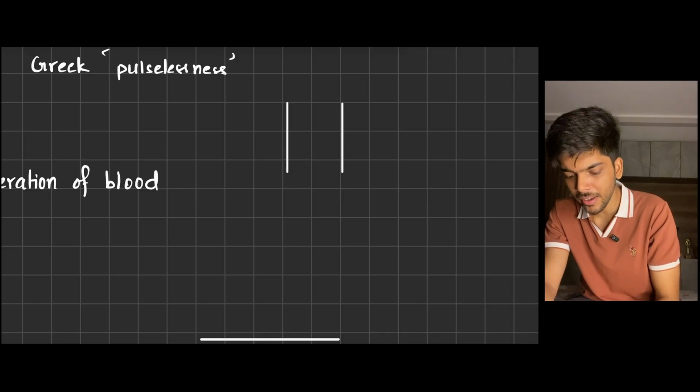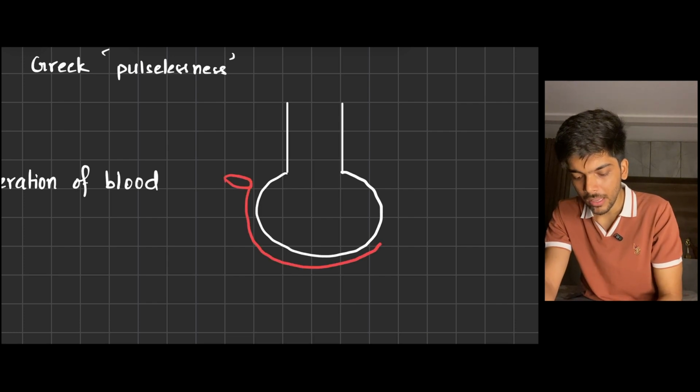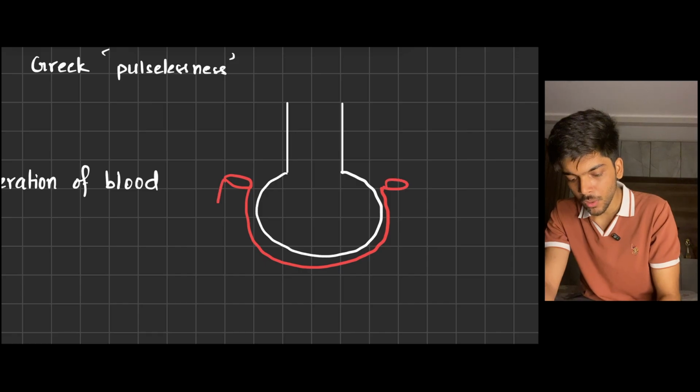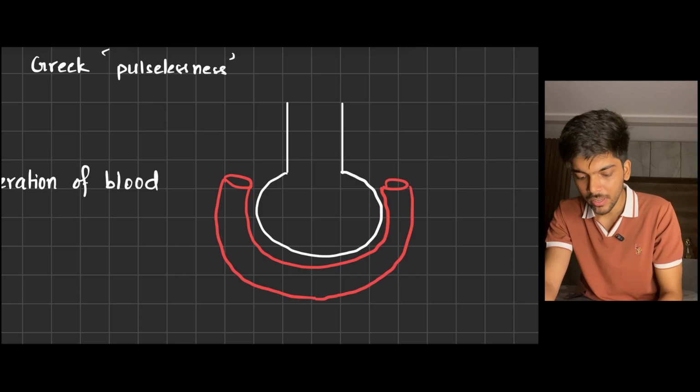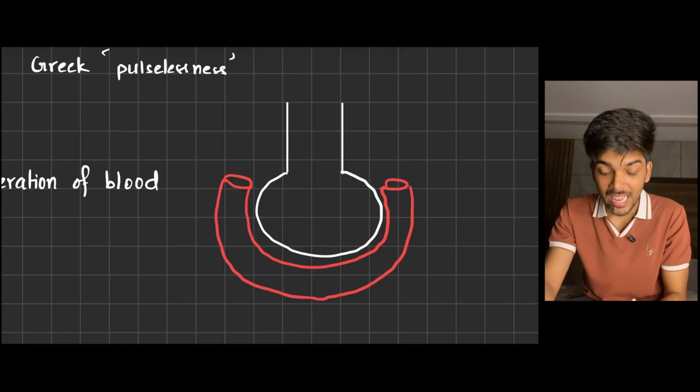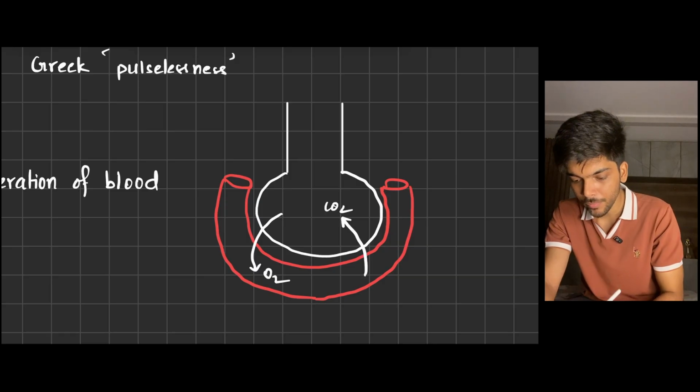See, this is how the aeration of blood takes place. Here's the respiratory tract, and the end portion of respiratory tract is the alveoli, which is surrounded by capillary. So in between the alveoli and the capillary, there's your respiratory membrane. It is at the respiratory membrane that oxygen enters the blood and the carbon dioxide leaves the blood.